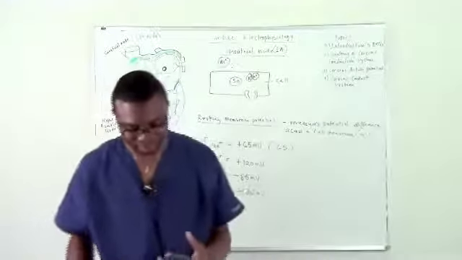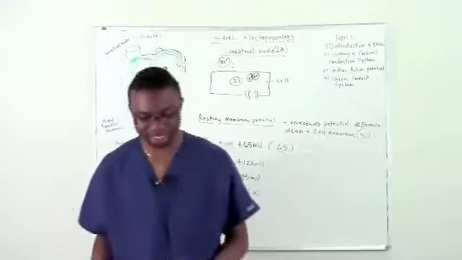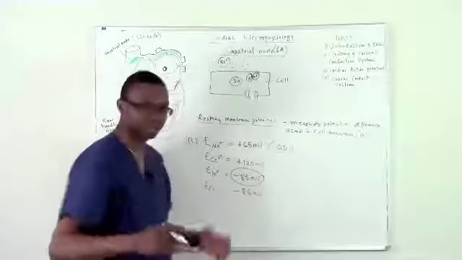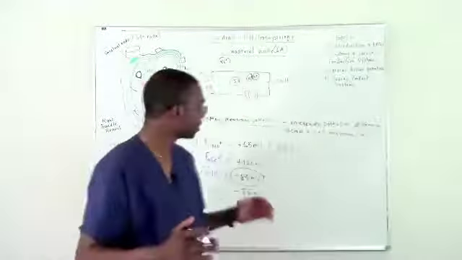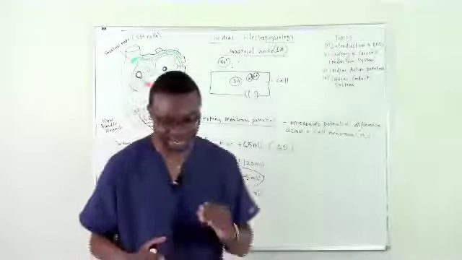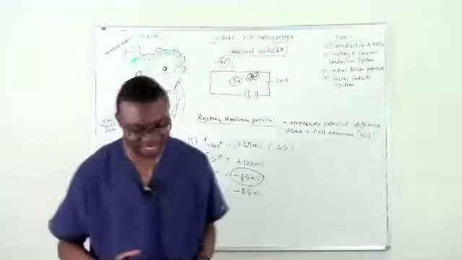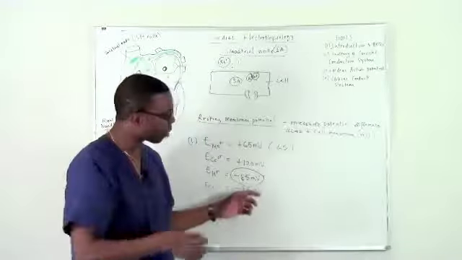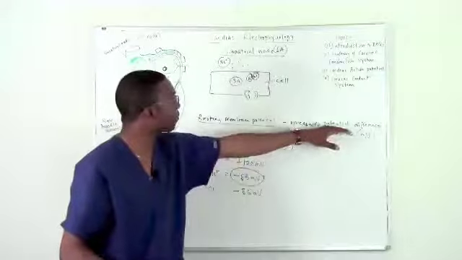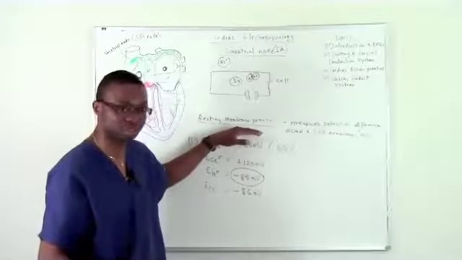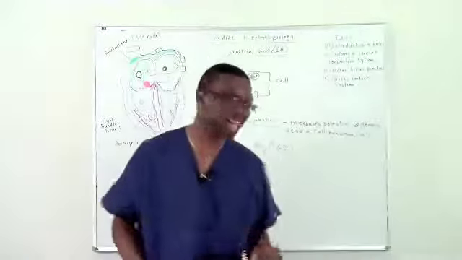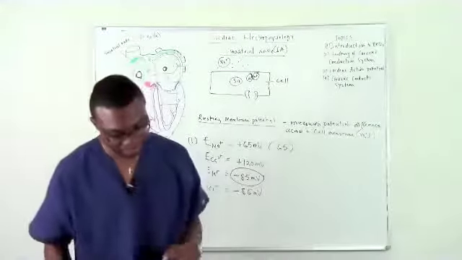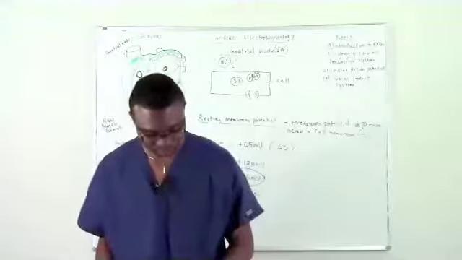For example, if I say the resting membrane potential of a cell is negative 70 or negative 85, let's pick potassium for example. If I say it's negative 85, what I'm actually saying is the cell has 85 millivolts of potential difference, but overall the cell has a negative charge. And we're going to talk about that in full detail.